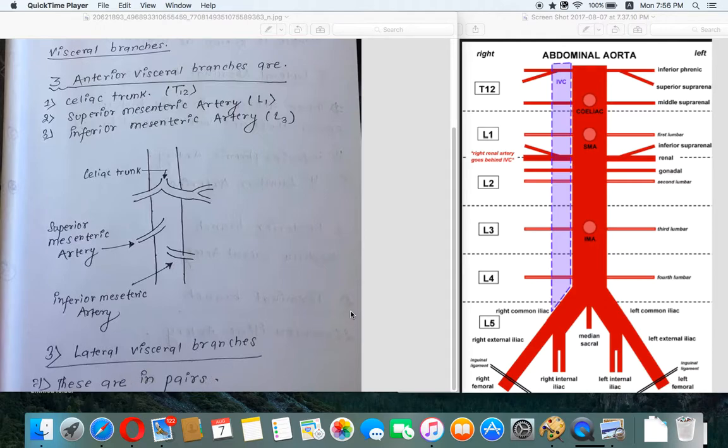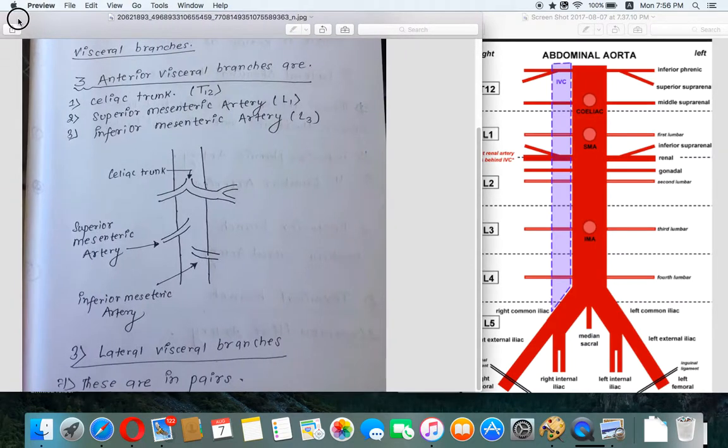Here we have seen that each is one in number, but when we talk about the lateral visceral branches, there are two branches for each. It means they are in pairs. So there are also three branches, but they are in pairs.